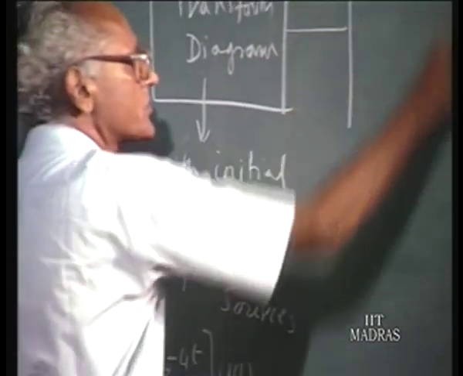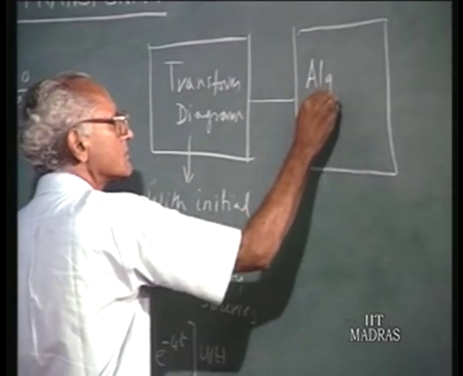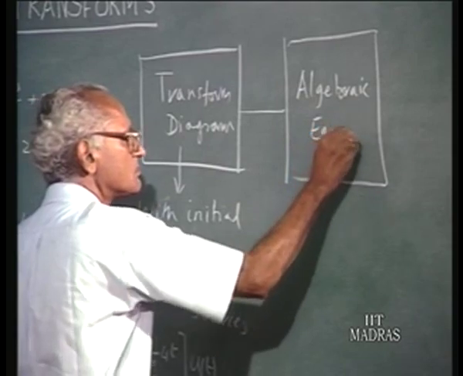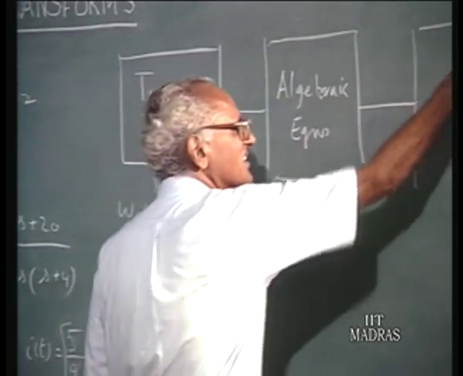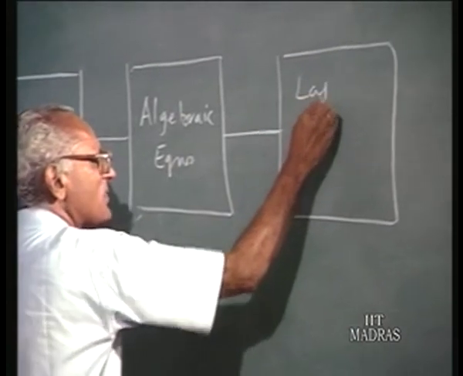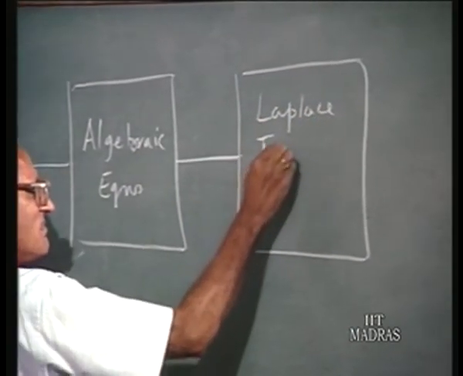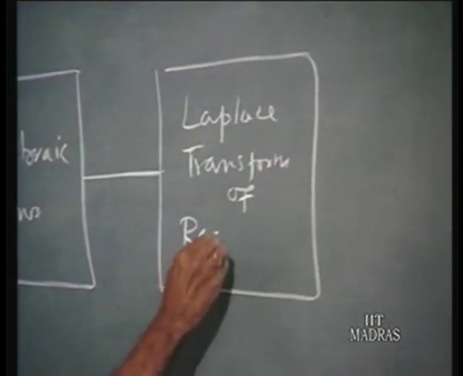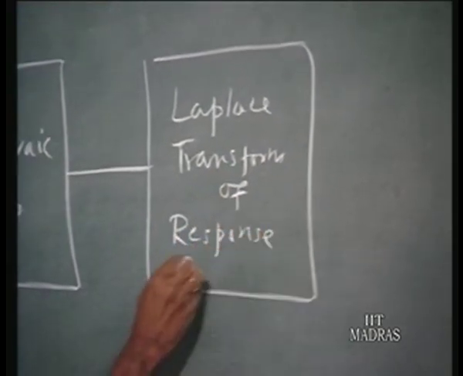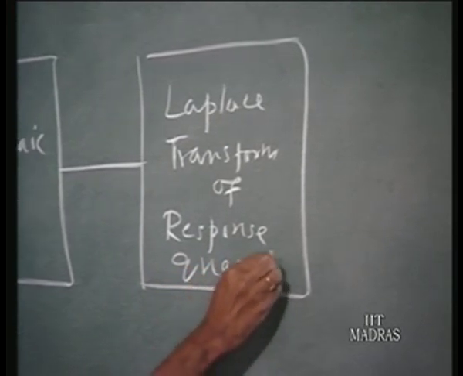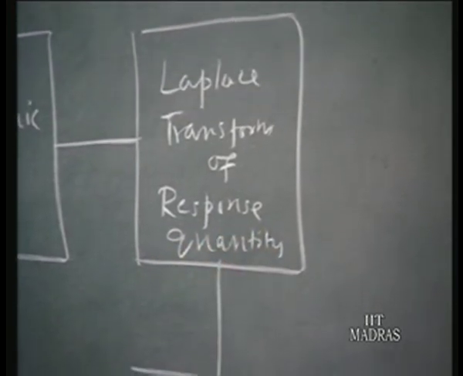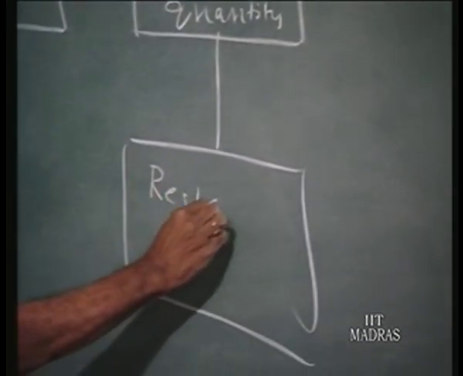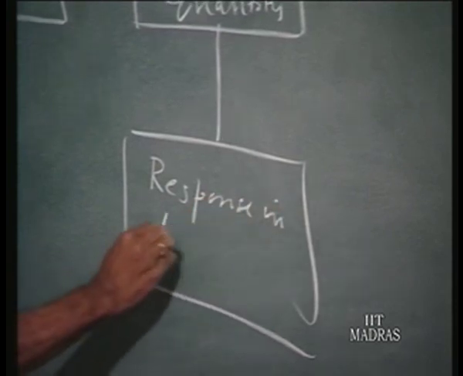From the transform diagram you set up algebraic equations, then get the Laplace transform of the response quantity whichever you are after, and then find the inverse Laplace transform to get the response in time domain.